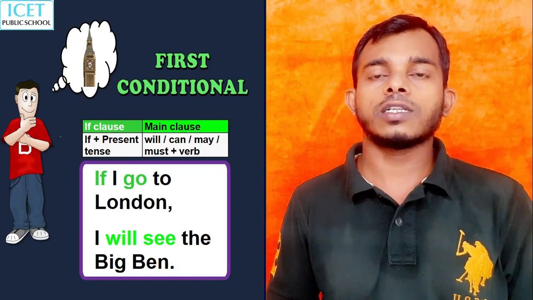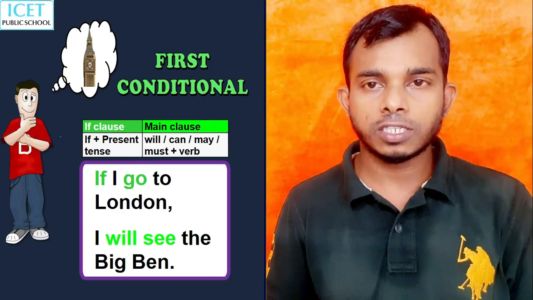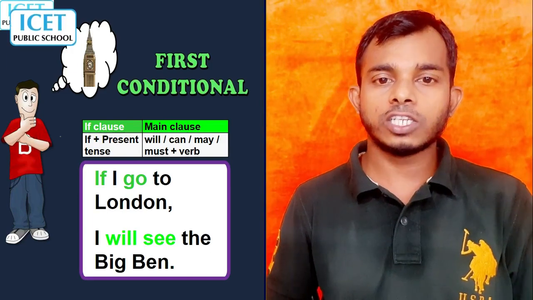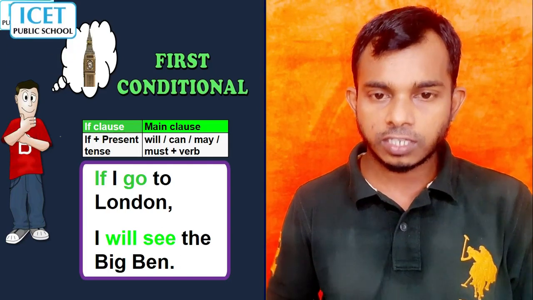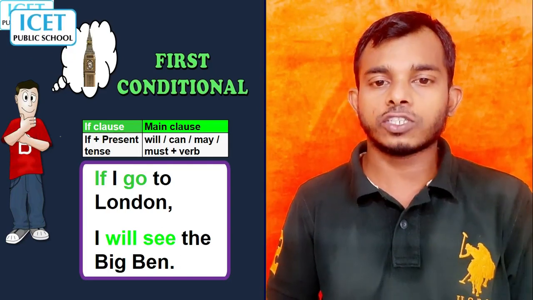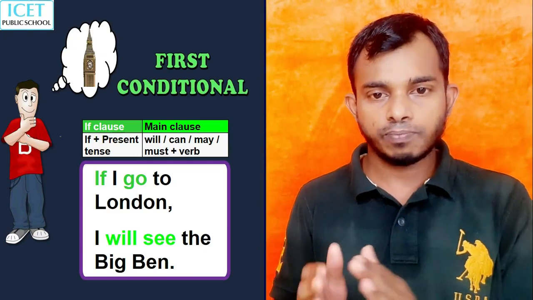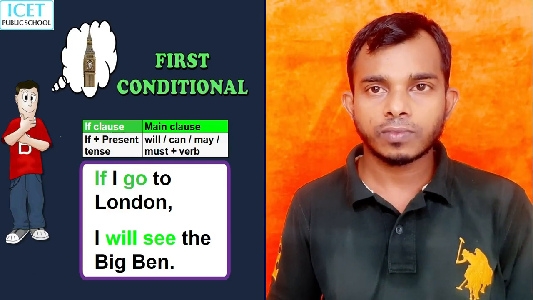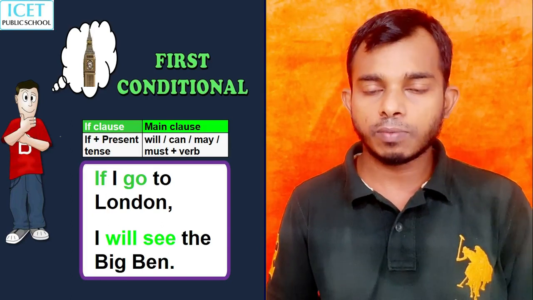First conditional. Now we are moving on to the second type of conditional sentence, the first conditional sentence. This is the condition. In the if clause, it will be if plus present tense, any of the present tenses, simple present tense.